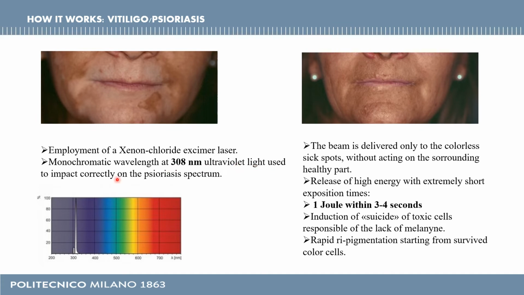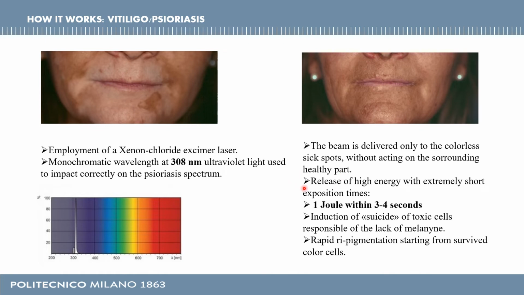In particular, a sophisticated liquid light guide system made up by a system of optical fibers is used for the delivery of a highly targeted super narrowband beam of UV light to the areas that are affected by vitiligo or psoriasis. The beam is delivered in a precisely localized way, only to the colorless spots, without acting on the surrounding healthy part.